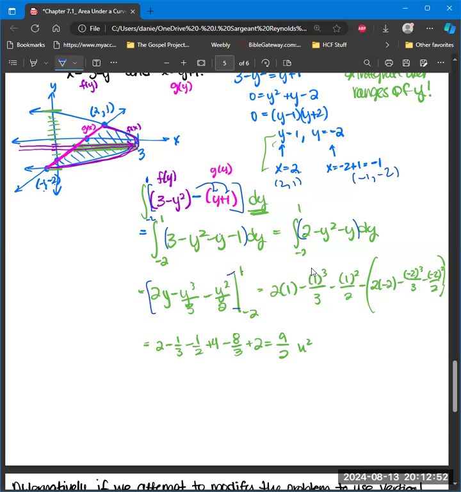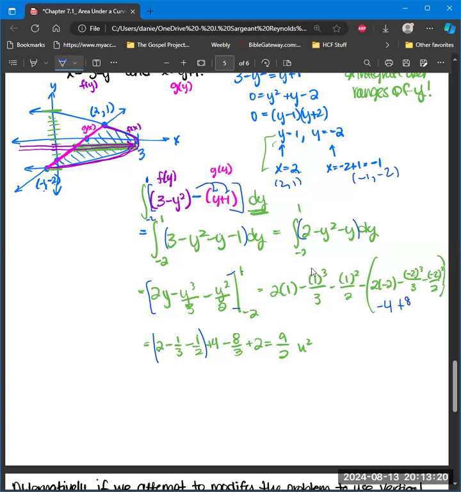Stick in my upper limit here. 2 times 1 is 2. -1 cubed over 3 is a -1/3. -1 squared over 2 is a -1/2. Go ahead and stick in my lower limit of -2. 2 times -2 is a -4. -2 cubed is -8 over 3 times a -1.